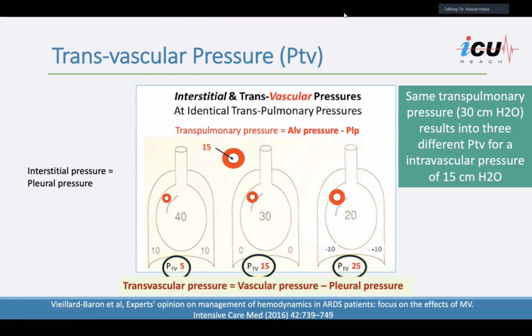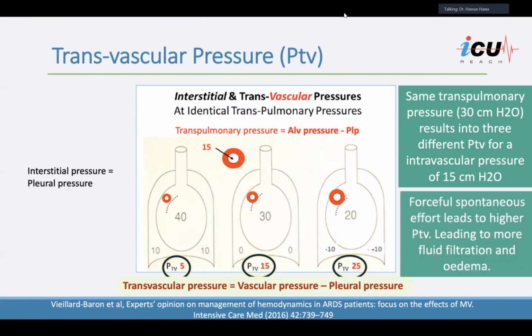That's why we ended up giving these patients, even though they were awake, a lot of opioids just to try to dampen their respiratory drive. And some of them we ended up intubating just to protect them from what has later been known to be self-inflicted lung injury, or SILI. Right.